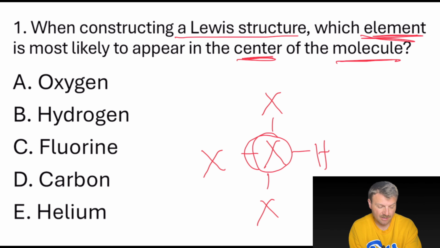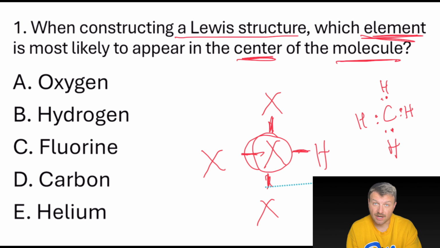That's because it's in the center, forming these bonds between other elements. And I know carbon is typically seen there because carbon has 4 valence electrons. These little circles represent the valence electrons, and since it has 4, it can form 4 different bonds with those hydrogen atoms to form methane.